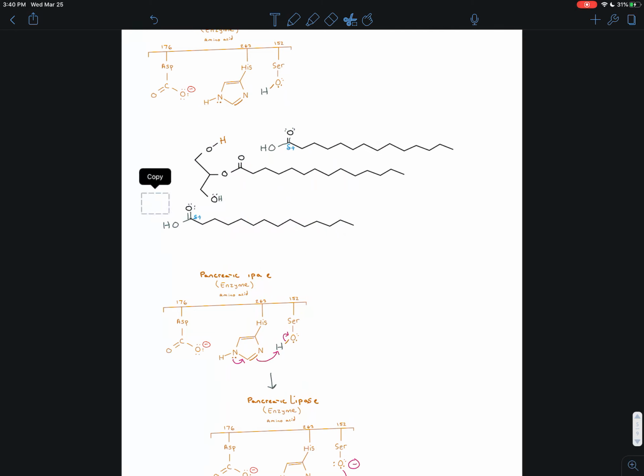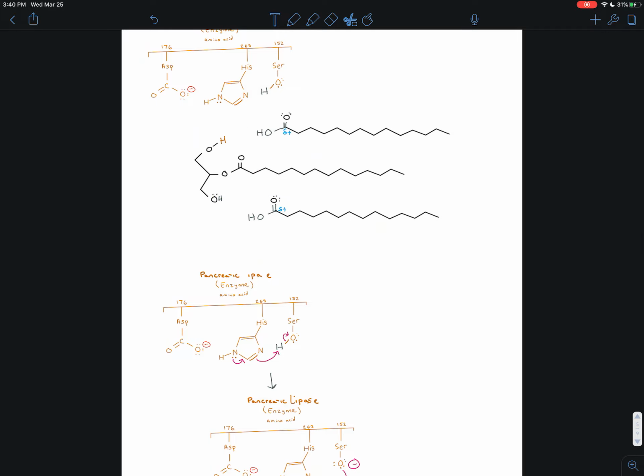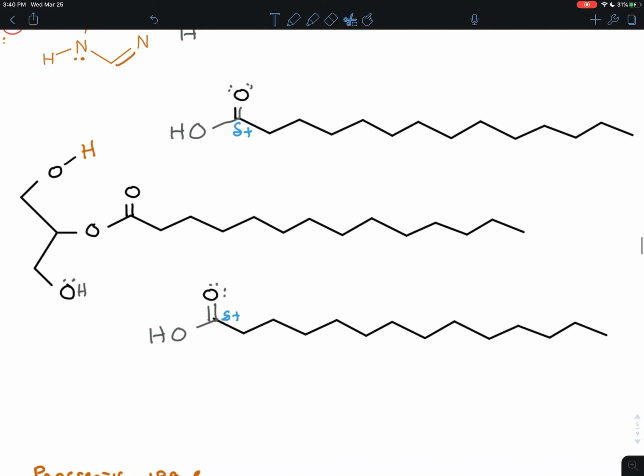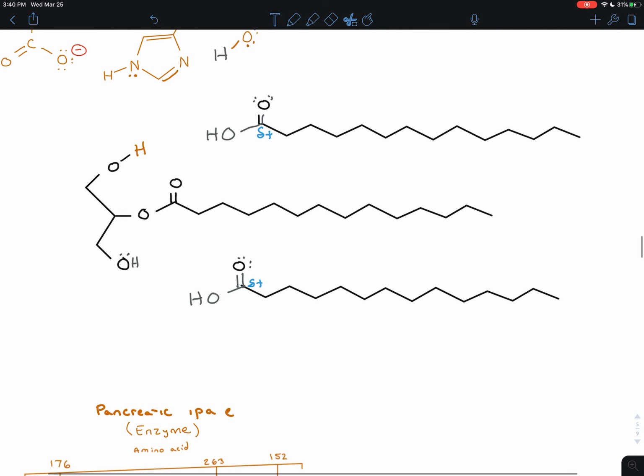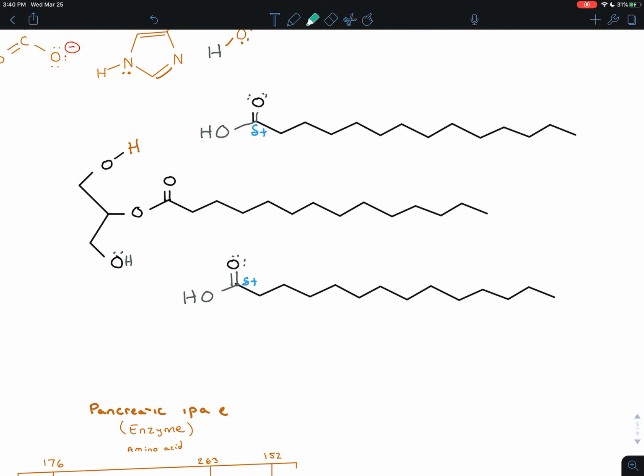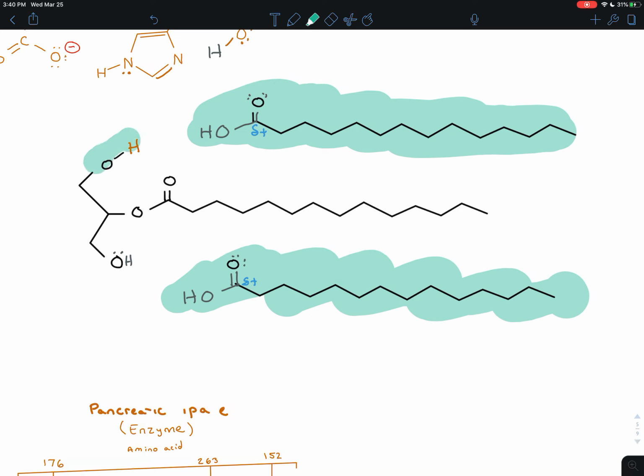So the pancreatic lipase enzyme breaks what was a triglyceride into 3 things: a fatty acid, a second fatty acid, and a monoacyl, because only one acyl group on this glycerol.